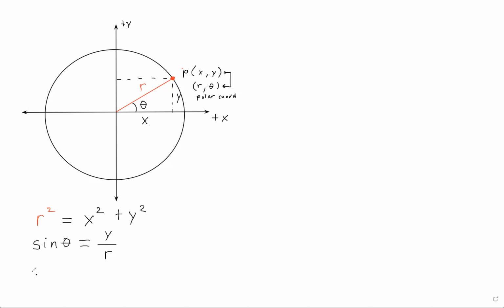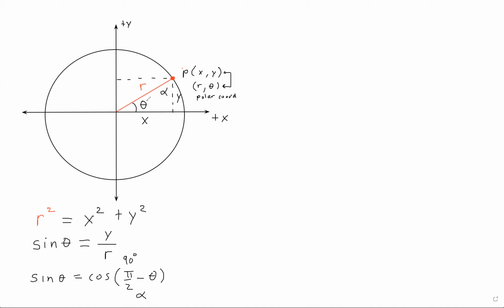So the sine of the angle is equal to the cosine of pi over 2, which is equal to 90 degrees, minus theta. And we could just call this angle alpha.